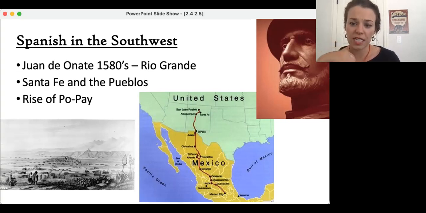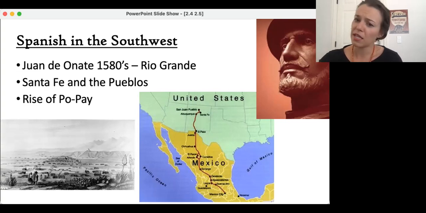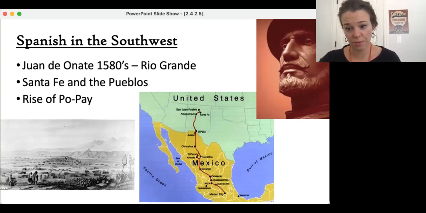So he organizes a revolt in August of 1680. 400 Spaniards will be killed, and the attack will force the rest of the Spaniards to abandon the city of Santa Fe. It's going to be our most successful Native American uprising in North America. Pope and the Pueblo Indians will hold Santa Fe for 12 years.